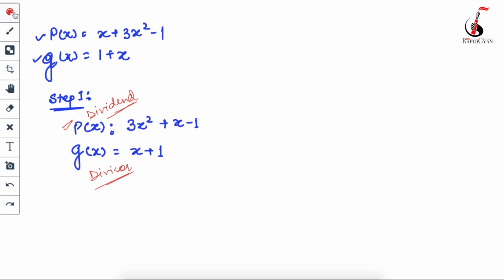Now we are going to divide p(x) by g(x). I will write it like this: 3x square plus x minus 1 divided by x plus 1. Guys, I am going to tell you a very important topic, so please listen very carefully. Whenever you divide, first find the first term of your dividend and the first term of your divisor.